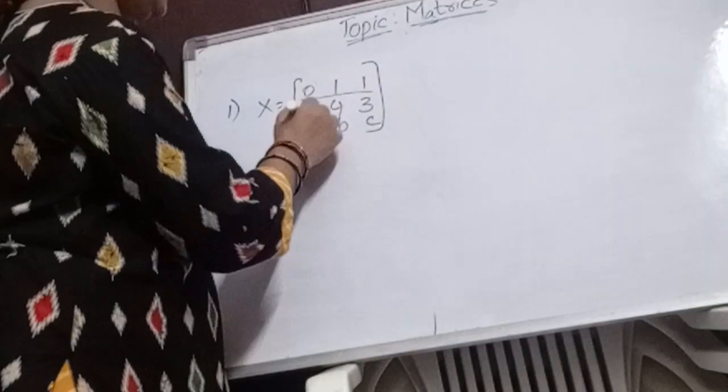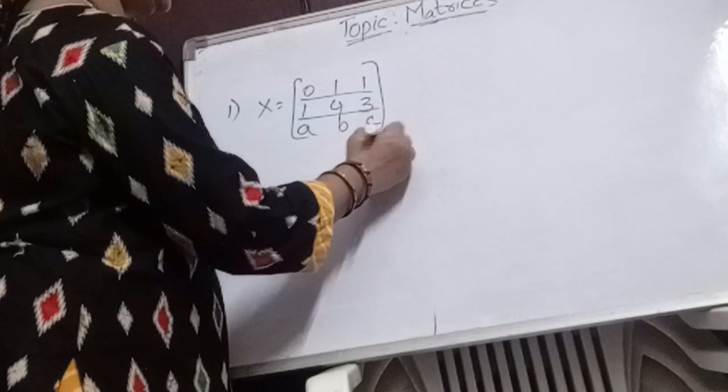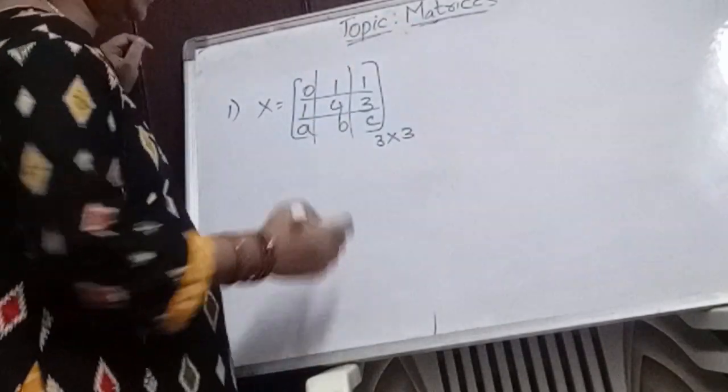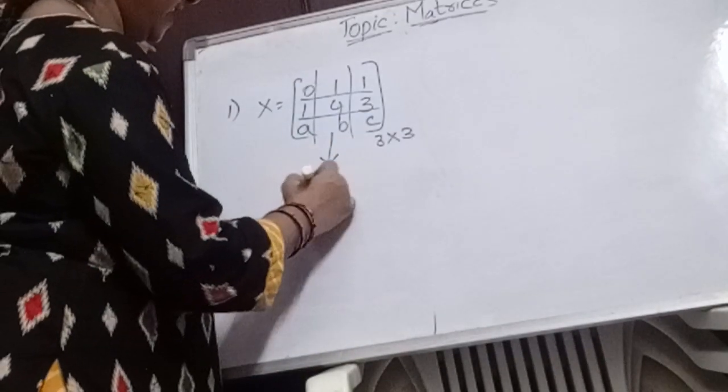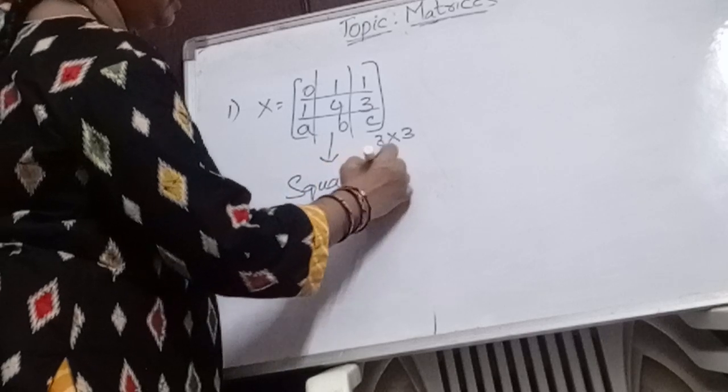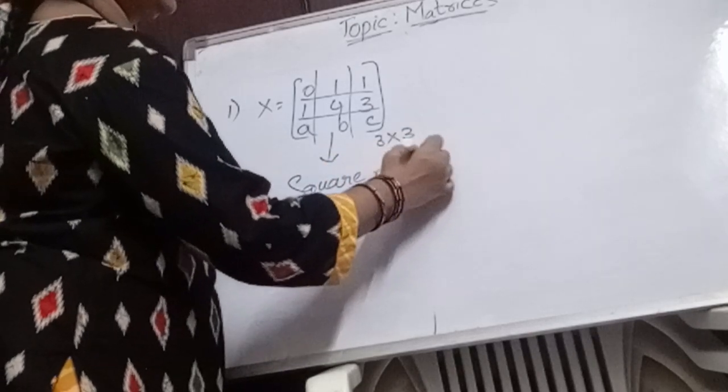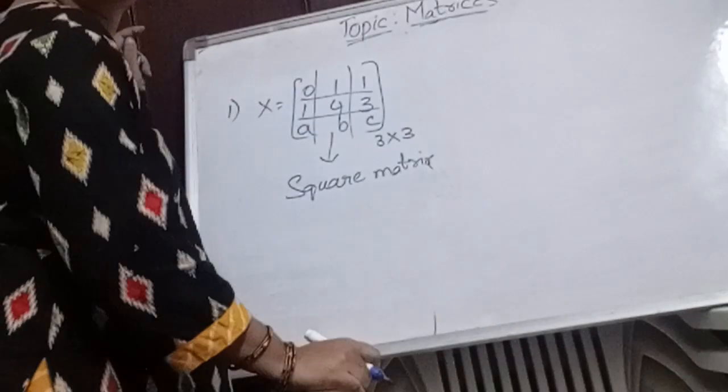There are 1, 2, 3 rows and 3 columns, so it is a 3 by 3 matrix. This is called a square matrix.